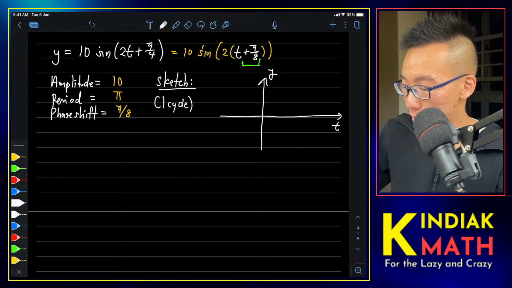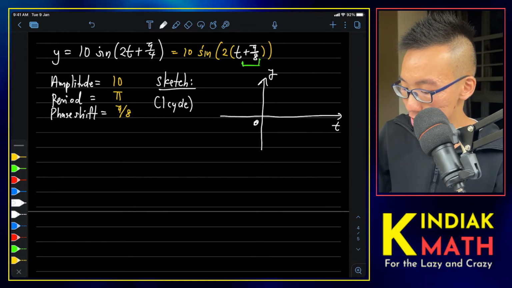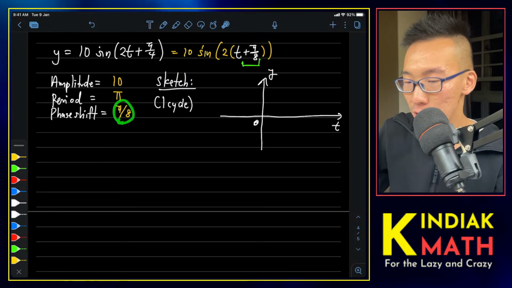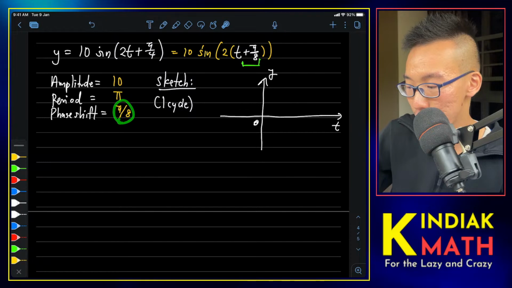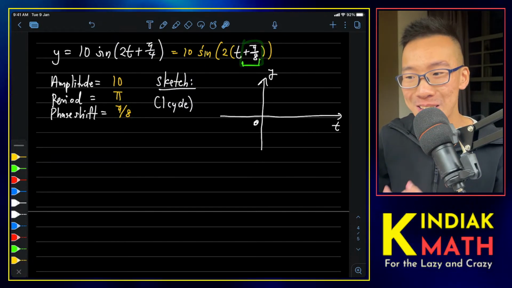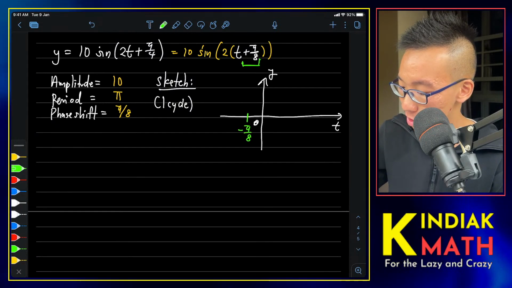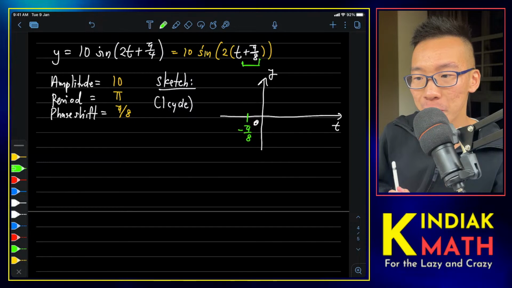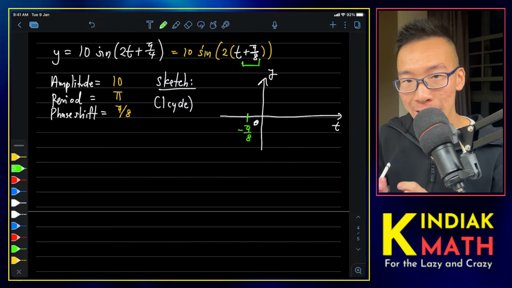What we do now is we consider the phase shift. The phase shift actually tells us where our starting point is. Now, since the phase shift is positive pi over 8, we need to compensate for that by starting at negative pi over 8. We start there, and what we do is complete 1 cycle.